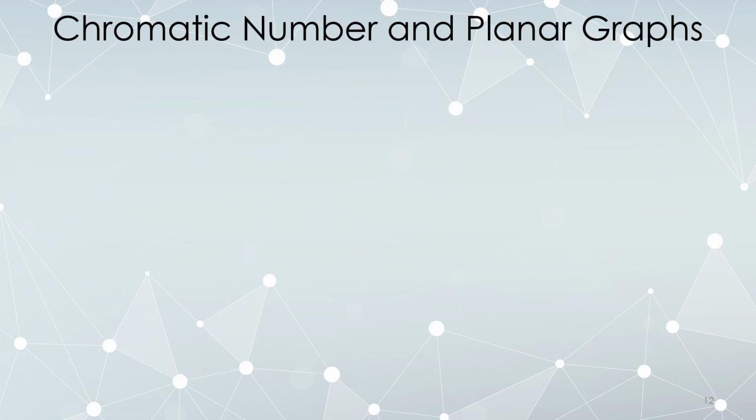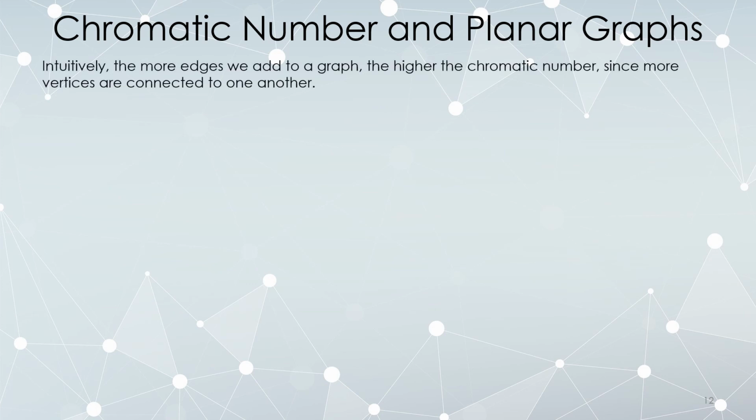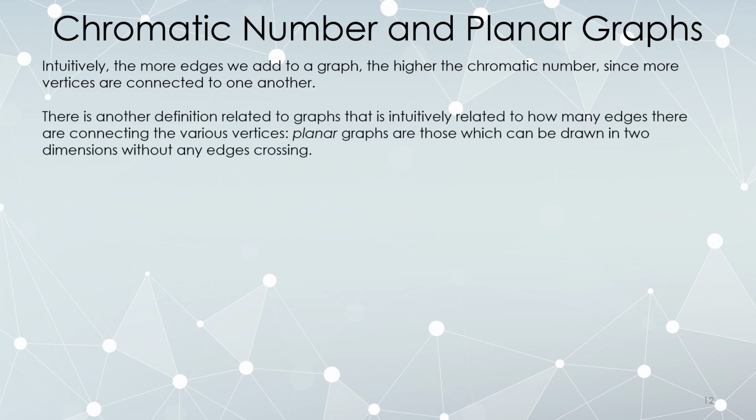Well, what about planar graphs? Intuitively, as we add edges, we need more colors. Complete graphs, lots of edges, need as many colors as there are vertices. The fewer edges there are, the fewer potential problems in producing a coloring. But there was another definition about graphs that, in our intuition at least, is related to not having too many edges, and that was, is the graph planar?